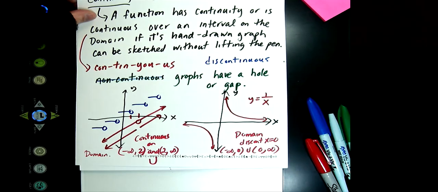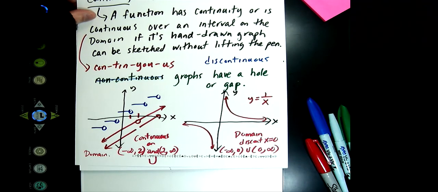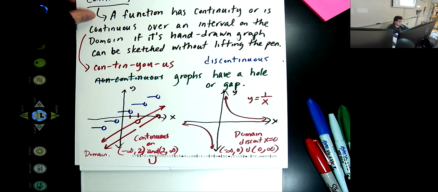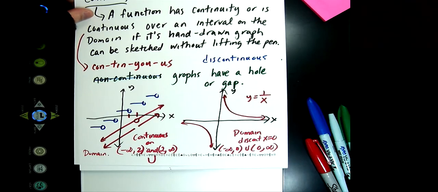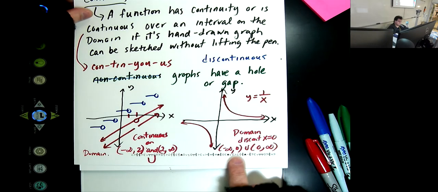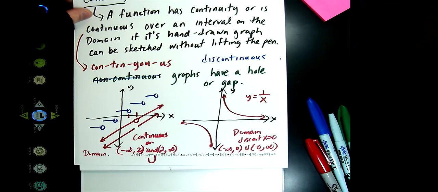So negative infinity comma 0, union 0 comma infinity, right? Okay, yeah, thank you.